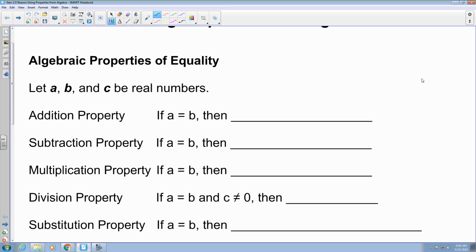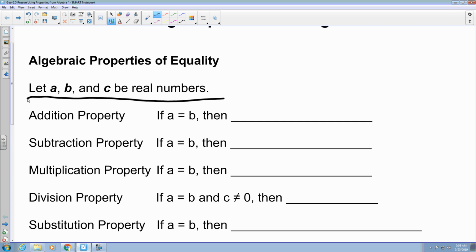We just don't ever call them by name. So first, we're going to let A, B, and C be real numbers, whether they're rational, irrational, integers, whole numbers, whatever it may be.